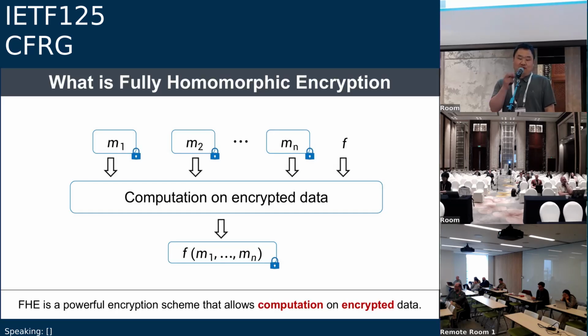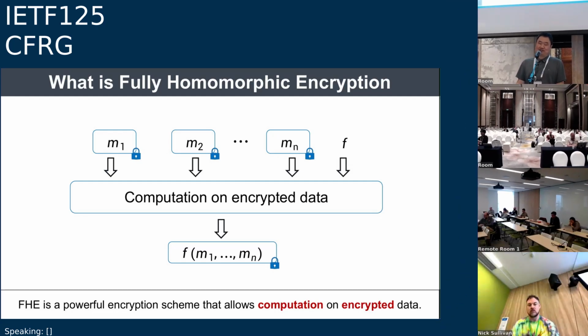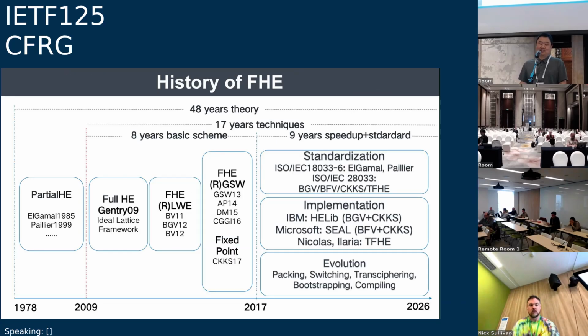And homomorphic encryption is that kind of new powerful primitive. Given the encryptions of m1 to mn, the target function can be directly computed on the ciphertexts to get a new ciphertext, and the corresponding plaintext is just the result we wanted. That's a very brief definition of FHE.